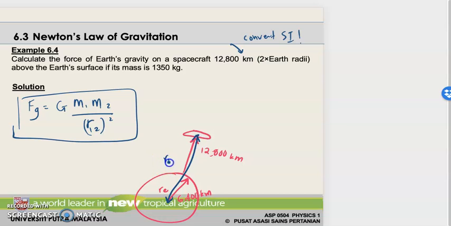This is R12. And to be more specific, this is RE to the spacecraft, RES. Right?